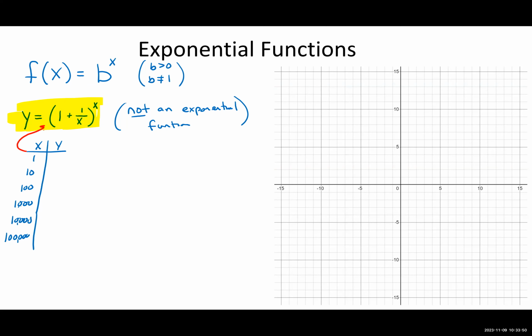As these x values go into this function, what happens is these y values start getting closer and closer to this infinite decimal, this never-ending decimal, 2.718 something something something. Normally we may be rounded to 3 decimal places.